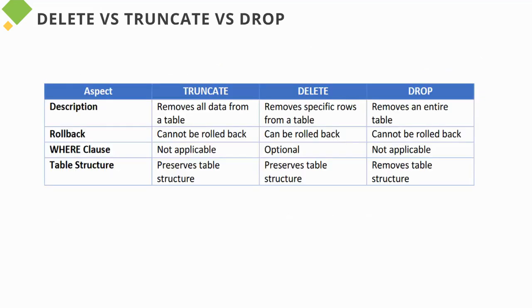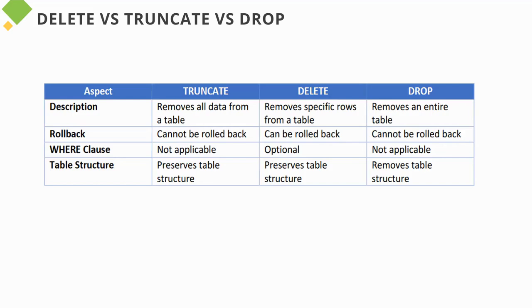And we have seen DELETE, TRUNCATE, DROP. All three of them sound similar in removing data, but let's see the differences between these three. TRUNCATE is used to remove all the data, whereas DELETE is used to remove specific rows. DROP removes an entire table.